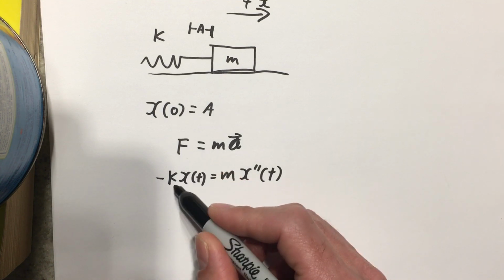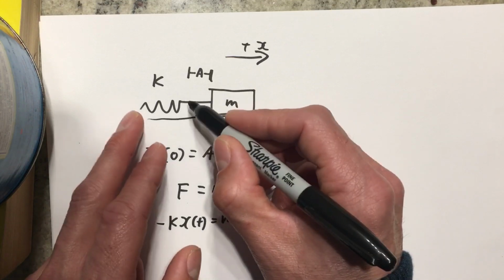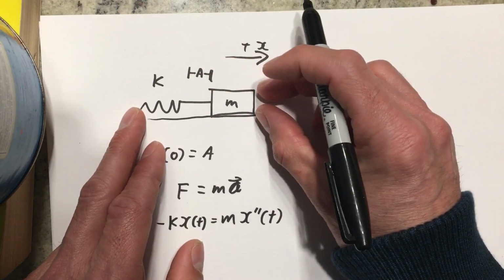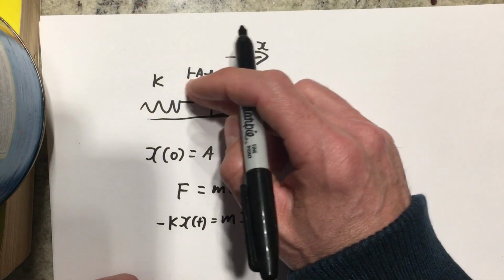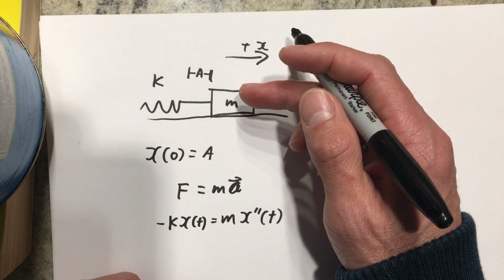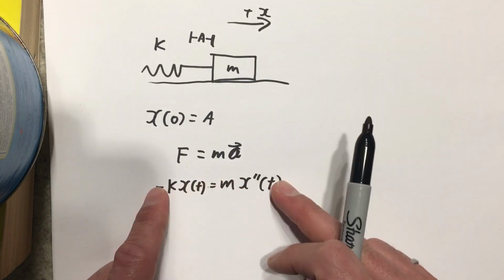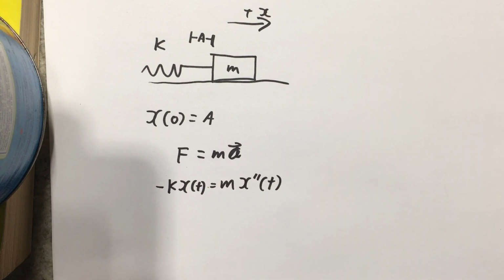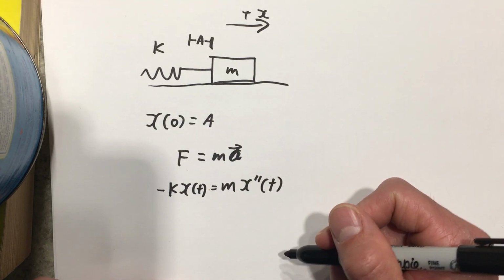Force is position times k, because with a spring, if we're at position 0 when the spring is relaxed and we pull it a distance A, we're going to get a force of Ak going the other way. So this is our differential equation. We call it a differential equation because it's an equation that involves differential elements and/or derivatives. And because we have a second time derivative here, that's a differential equation.